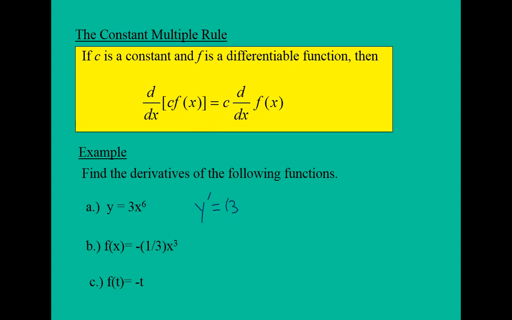We know we can bring that 6 down in front and multiply it by 3 and then subtract 1 from the exponent. So we would get 18x to the 5th. Here, the derivative of our function, we have a -1/3. We're going to bring down the 3 and then subtract 1 from the exponent. You can see we would get -3 over 3 is -1, so we'd have -x squared.